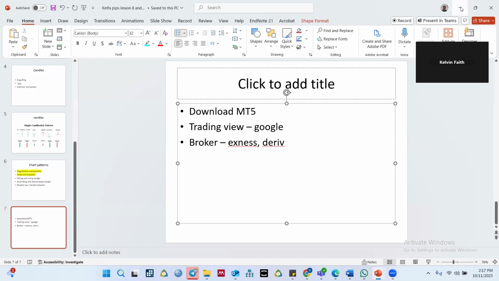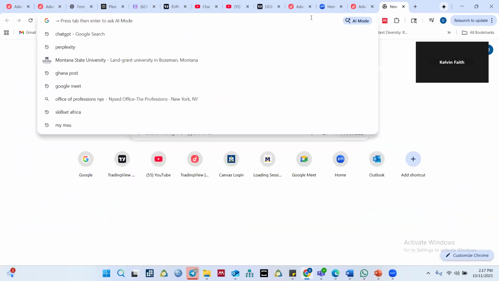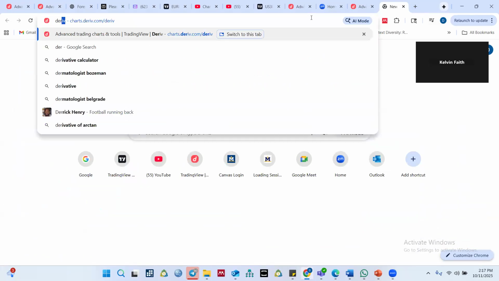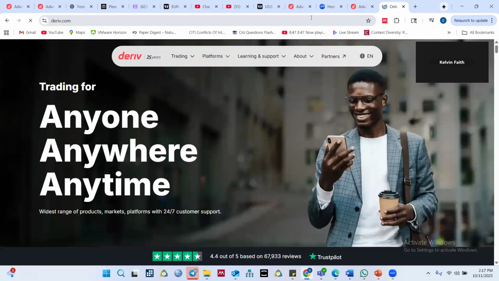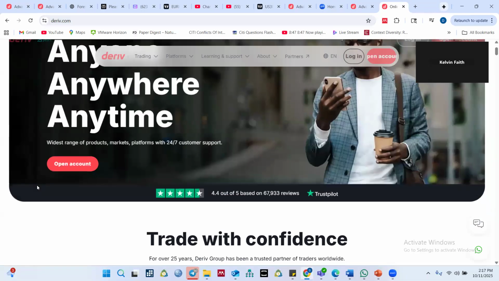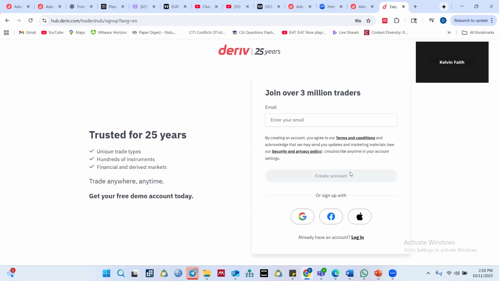So you can just go to your browser and type deriv.com and open it. When you open it, you will see Open Account. Click on it, and it tells you to put your email.